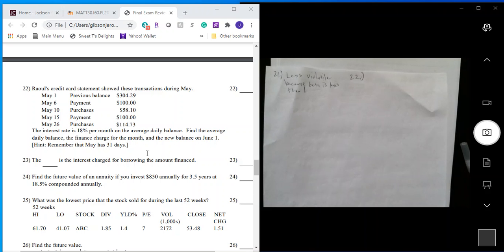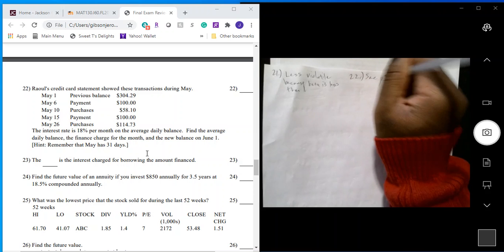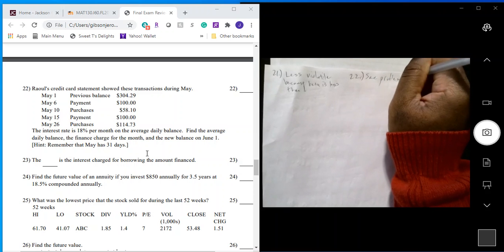The only difference that you will find aside from the numbers between 22 and problem 10 is that with problem 10, we dealt with a 30-day month. Problem 22 is 31 days. So when you find your average daily balance, you would divide by 31 instead of 30. So that is the only big difference between problem 10 and problem 22. So I'm going to say just see problem 10.